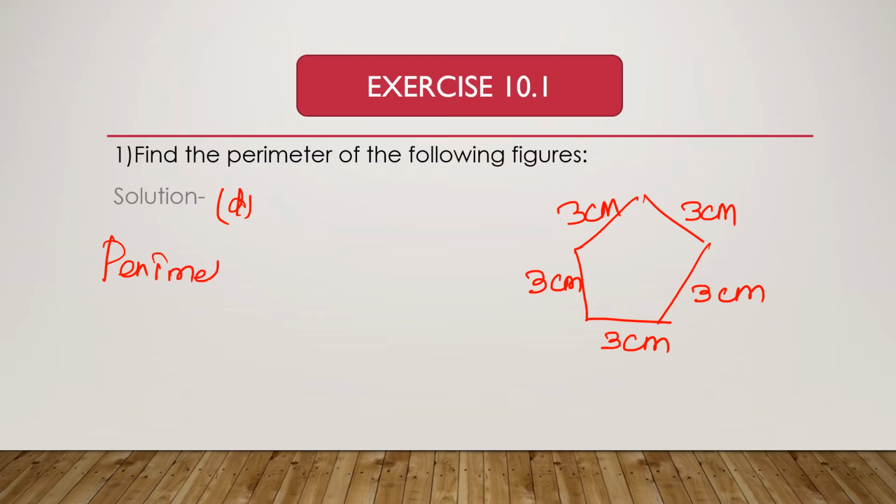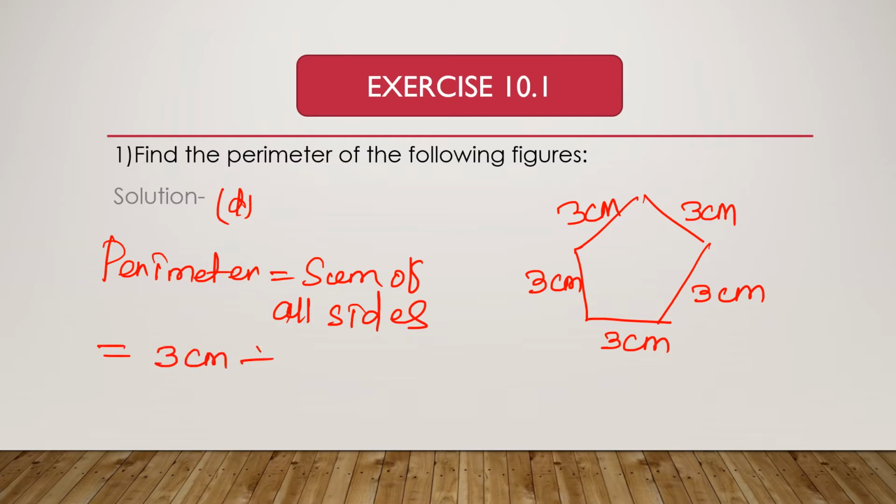So perimeter will be sum of all sides of the given figure. So 3 centimeter plus 3 centimeter plus 3 centimeter plus 3 centimeter plus 3 centimeter. 5 sides, so 1, 2, 3, 4, 5.